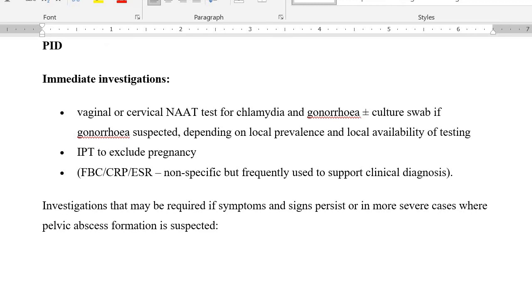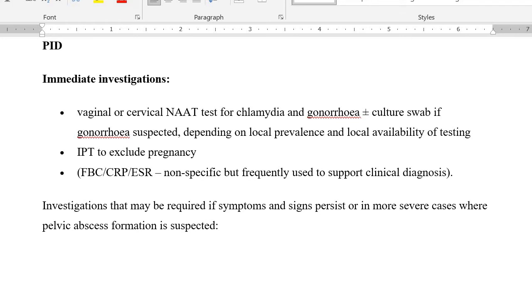So if the patient presents with PID, what immediate investigations should be done? A vaginal or cervical nucleic acid amplification test should be done for chlamydia and gonorrhea, plus or minus a culture swab if gonorrhea is suspected, depending upon the local prevalence and local availability of testing.